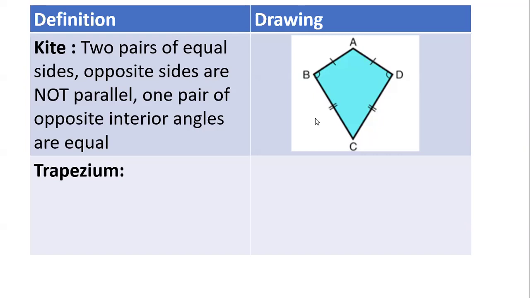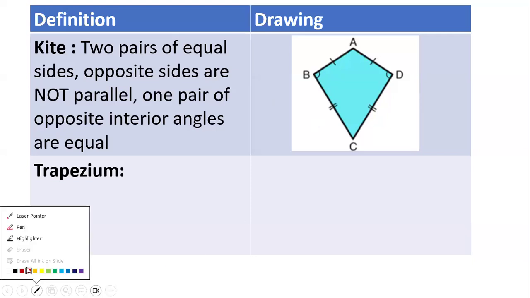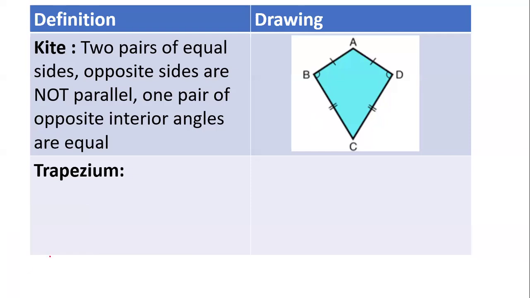One pair of opposite interior angles are equal. Very good. When we say we have a pair of opposite interior angles, we mean that this angle B and this angle D are equal.